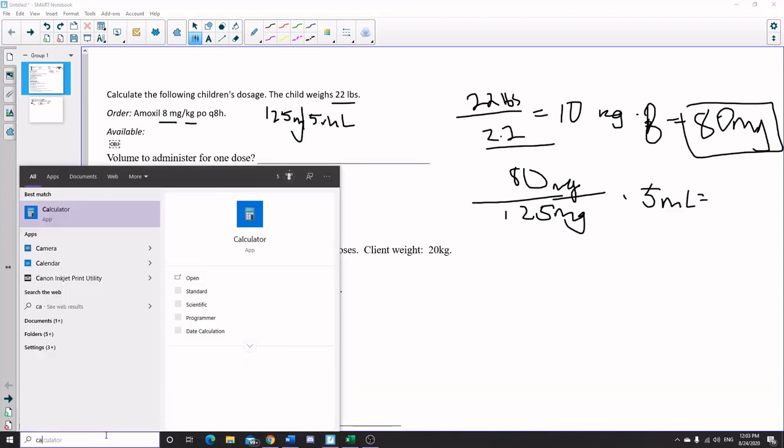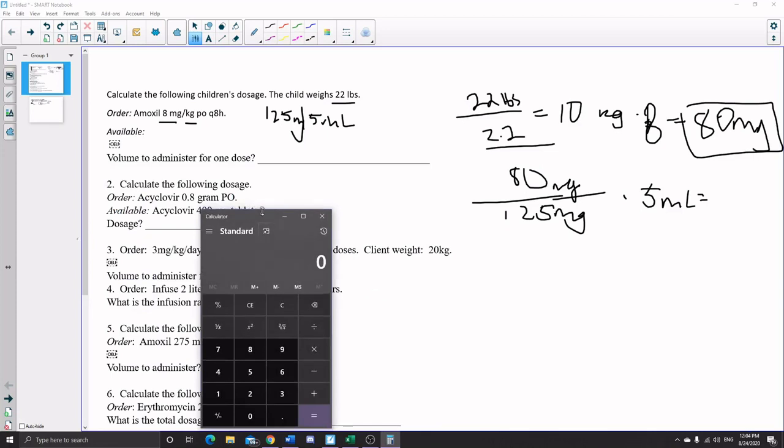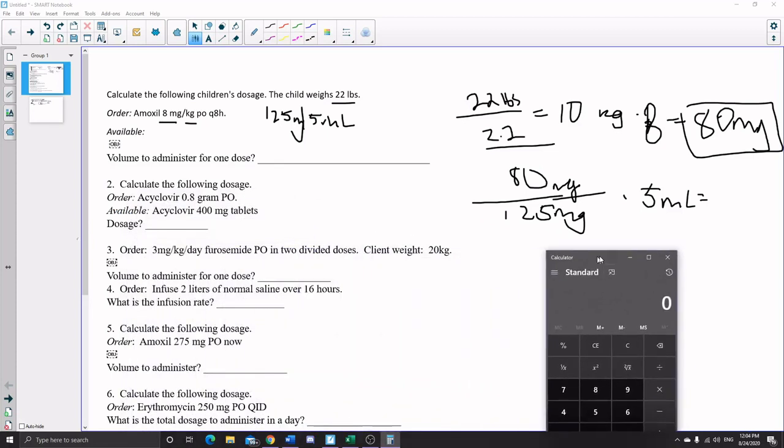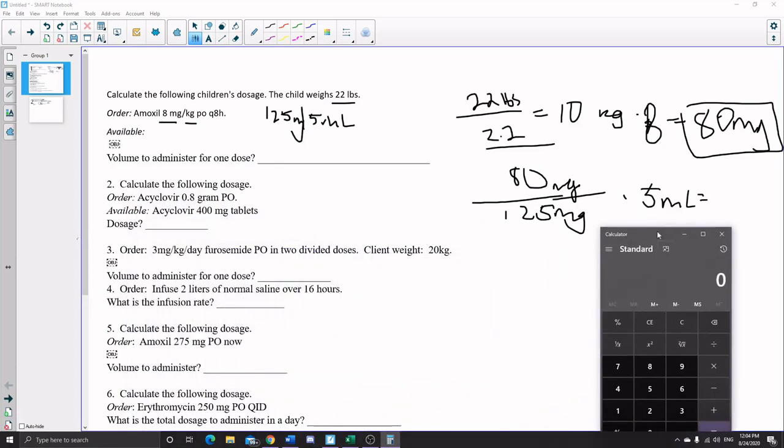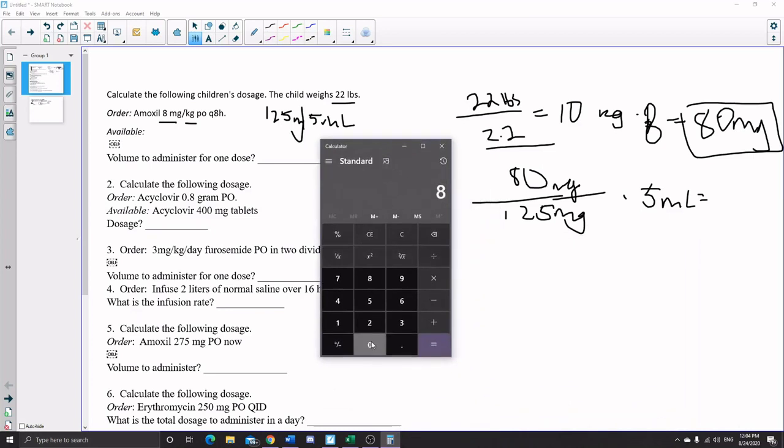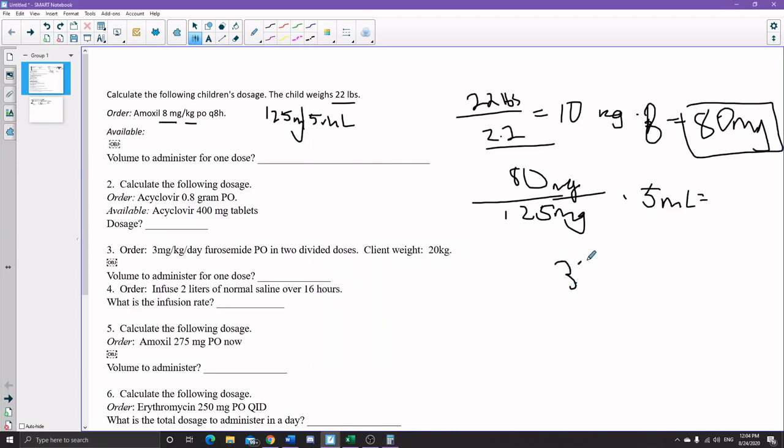Let me just make a calculator here so you can see. Okay, so 80 divided by 125 times 5. I got 3.2 milliliters for this.